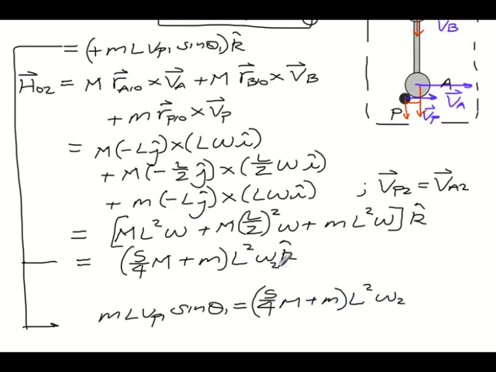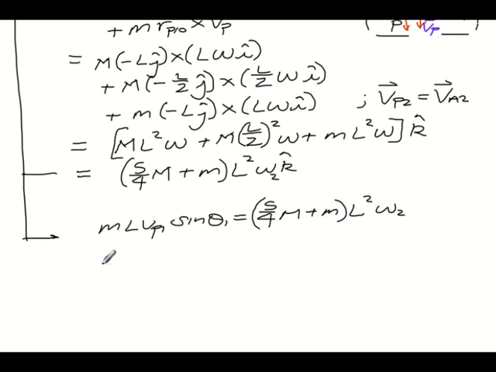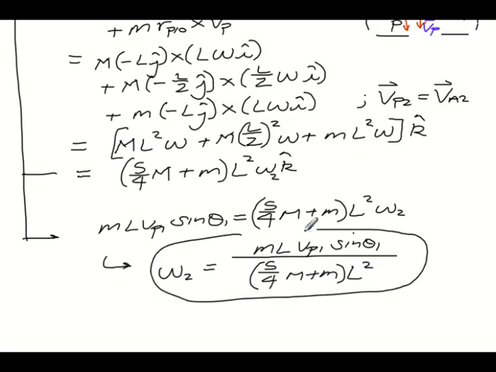I guess that's for time 2, so I should put the subscript there. And therefore, in order to find omega 2, I take m L VP1 sine theta 1 and divide by (5/4 M plus m) L squared like this. So this is the rotation rate of that bar after impact.